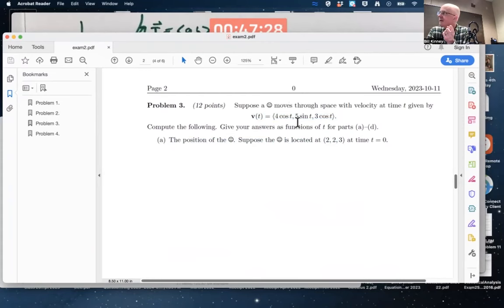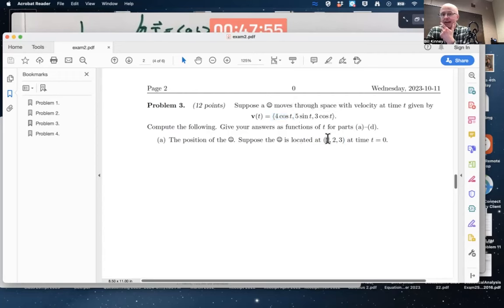You could integrate component by component and then use the starting location to figure out what the constants of integration are to figure out your position function. That technically was what I said maybe could be on our exam one, actually. Integrate that. Integrating 4 cos t would give you 4 sine t. Sine of 0 is 0.